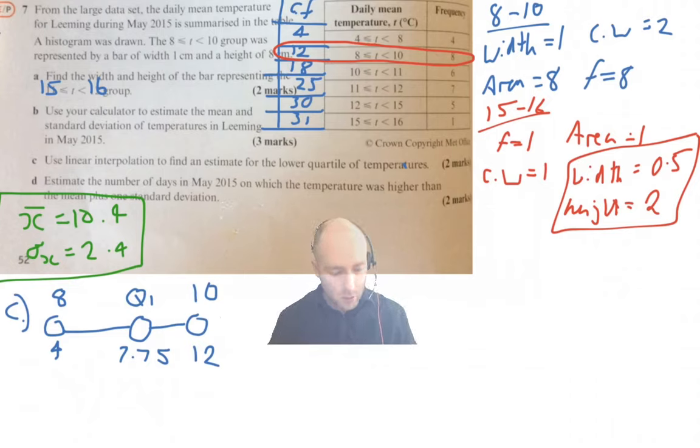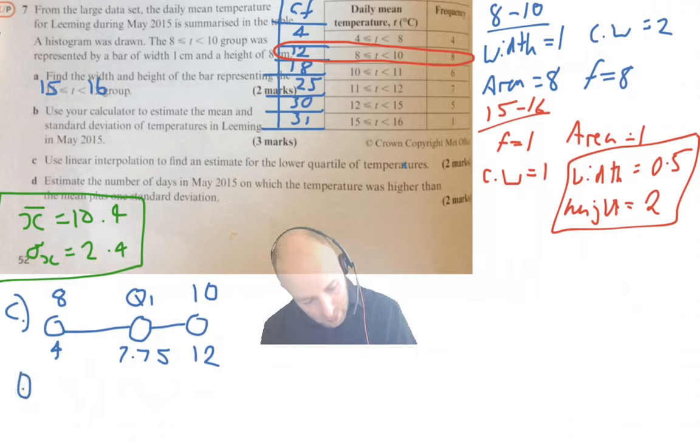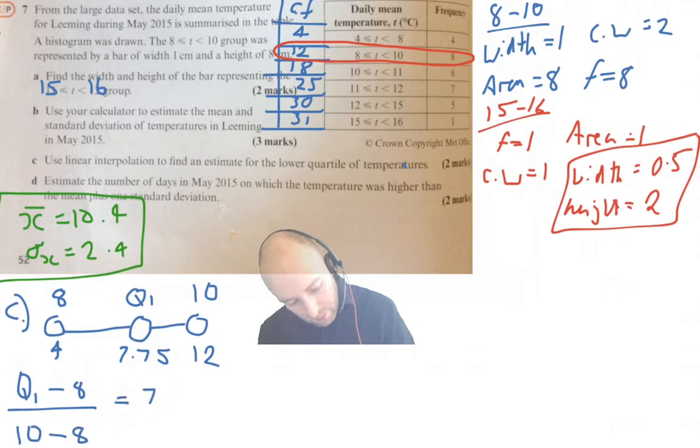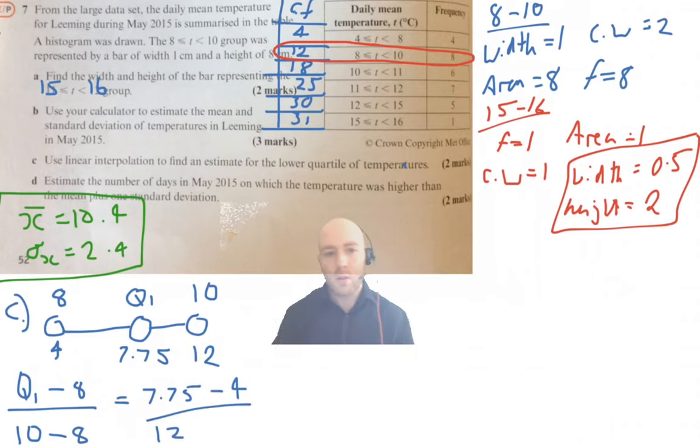So we come up with the equation Q1 take 8 divided by 10 take 8 is 7.75 take 4 over 12 take 4. Cool.